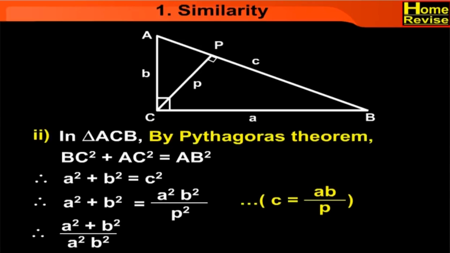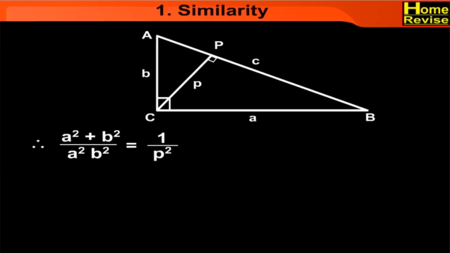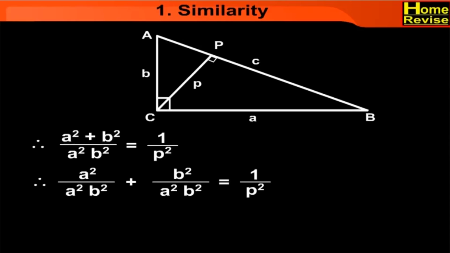Therefore, (a square plus b square) upon a square b square is equal to 1 upon p square. Therefore, a square upon a square b square plus b square upon a square b square is equal to 1 upon p square. a square gets cancelled, b square gets cancelled.